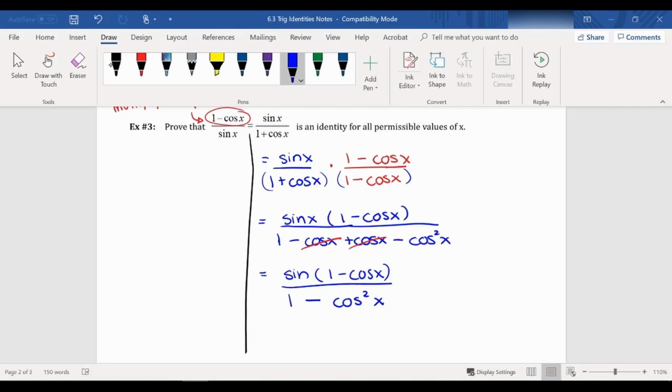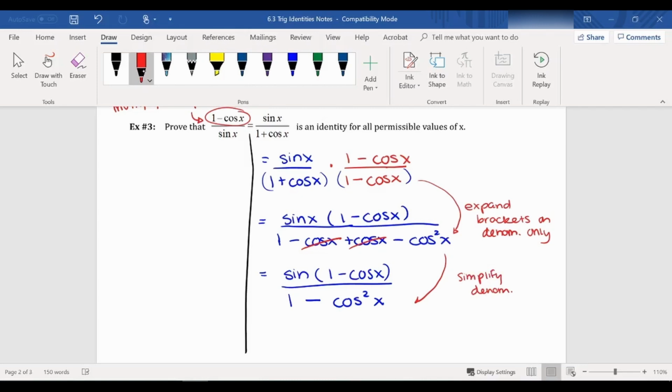Okay. So when I expand my brackets from here to here, on the denominator only, then I can simplify my denominator so that I only actually have two terms.